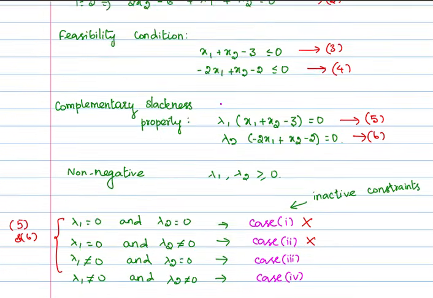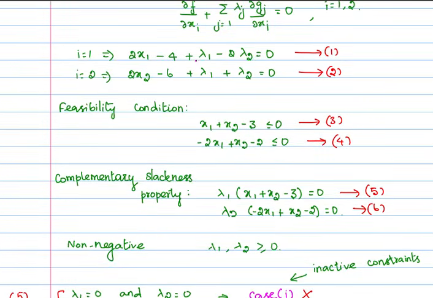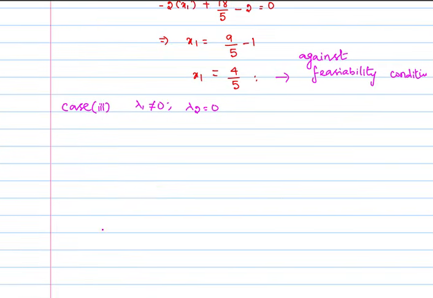So equation number 1 implies 2x1 minus 4 plus lambda 1 equal to 0, then 2x2 minus 6 plus lambda 1 equal to 0.